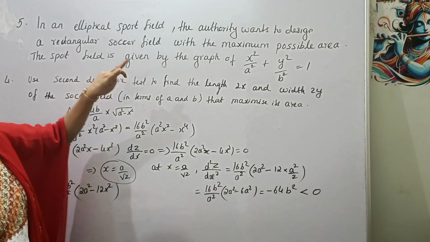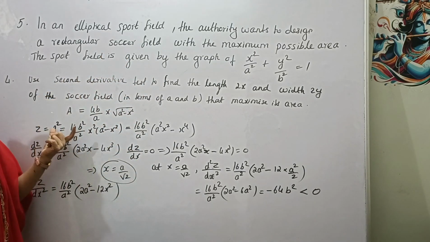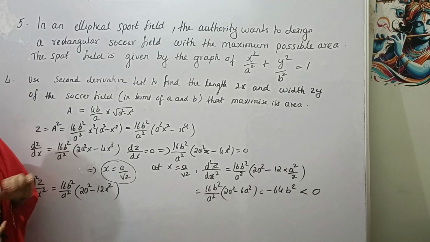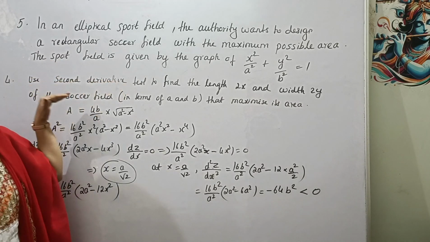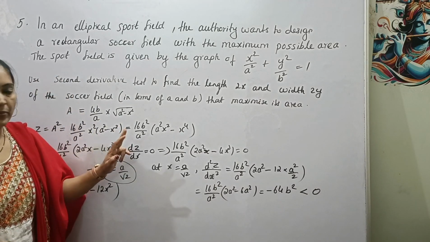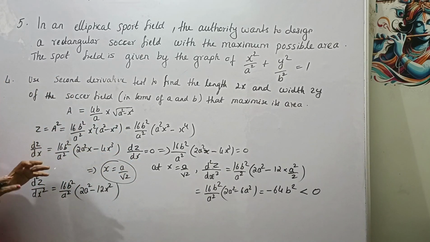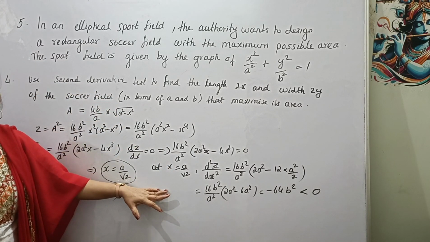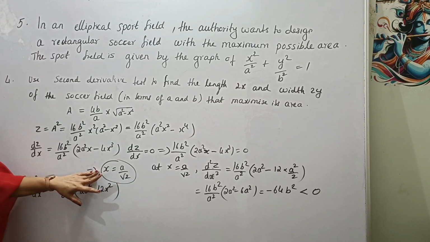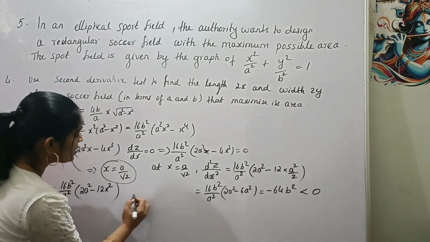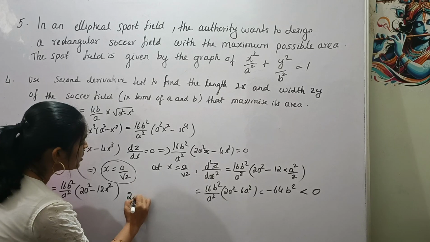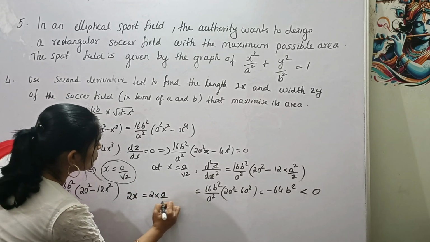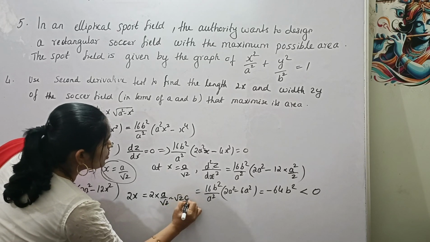Here we have to find the length and width of the soccer field so that its area is maximum. We have found that, according to the second derivative test, this area is maximum when x is equal to a by root 2. So let's find the length and width of the soccer field. 2x, the length of the soccer field, is 2 into a by root 2, that is equal to root 2 into a.